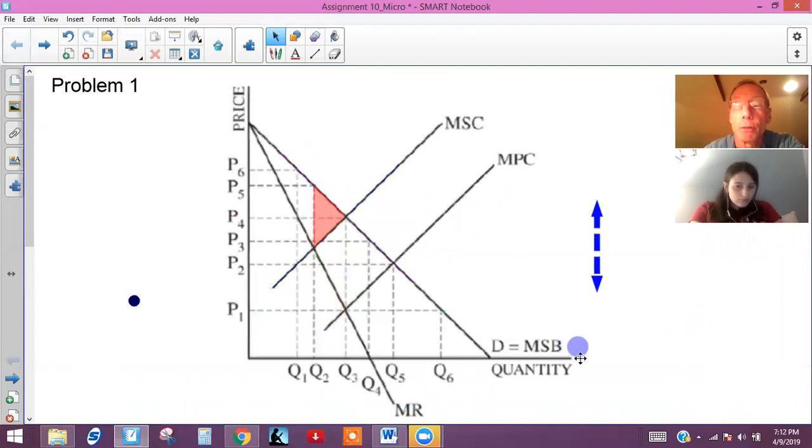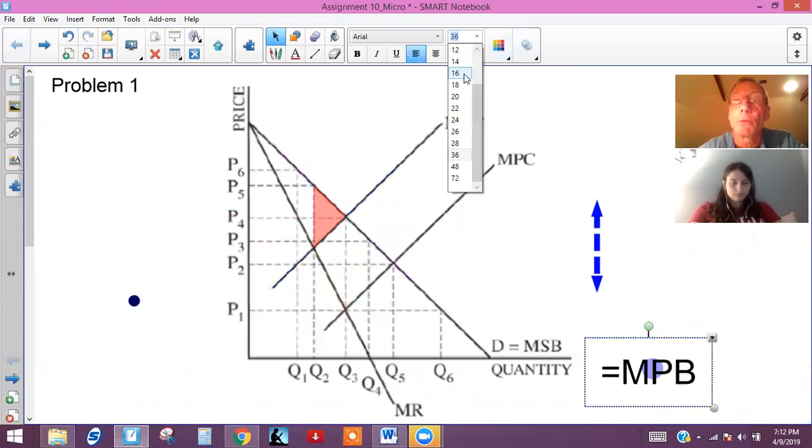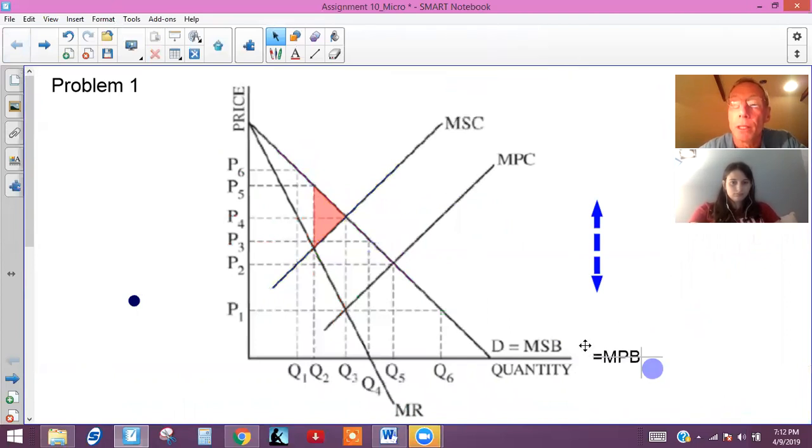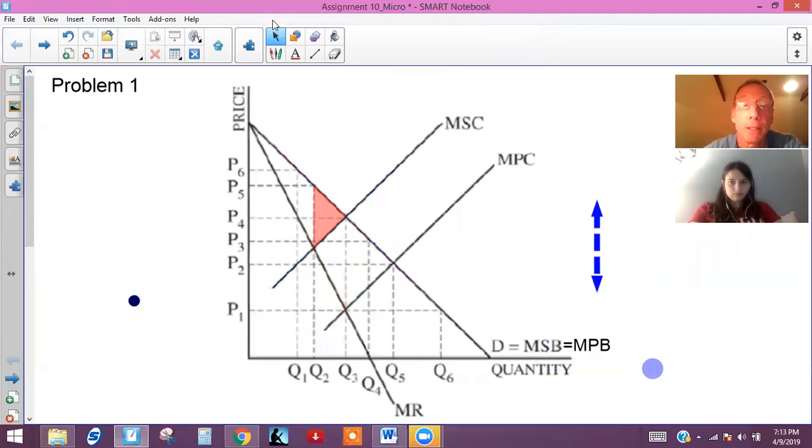demand equals marginal private benefit. I could probably add that here if I wanted to. Make that about the right size. What is that, about 18? Yeah. So when there's a negative externality, then demand equals marginal social benefit equals marginal private benefit.